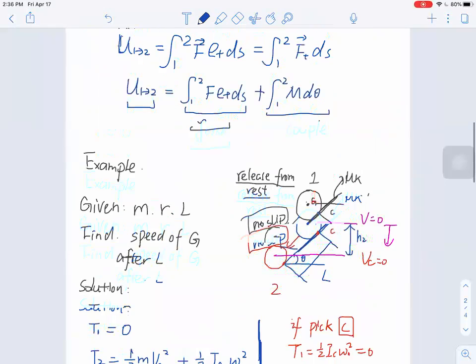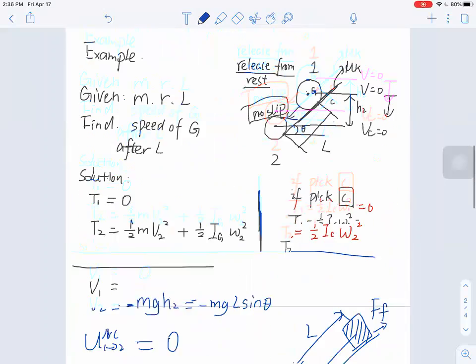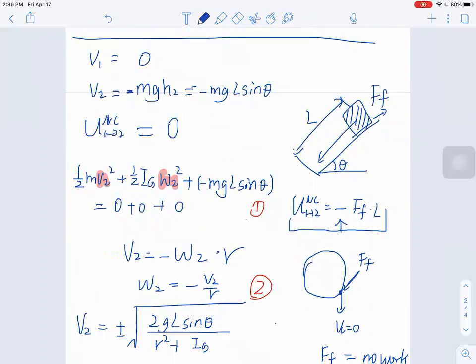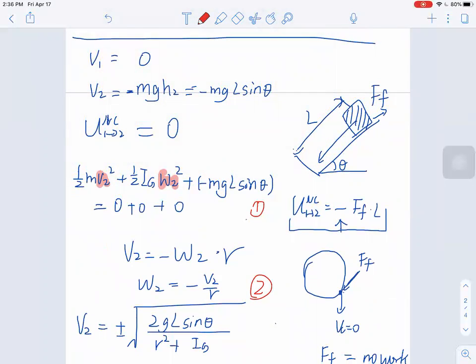Okay, yep, it's rolling from position 1 to position 2. Yeah, it is positive, because omega is counterclockwise, so omega should be positive. Yes.